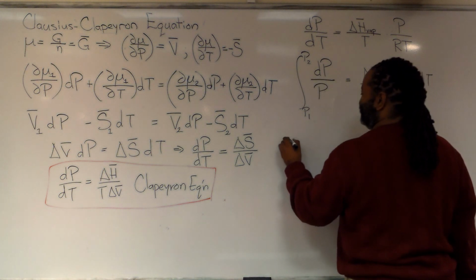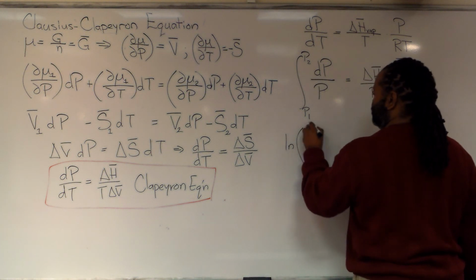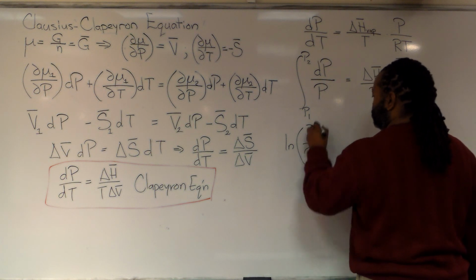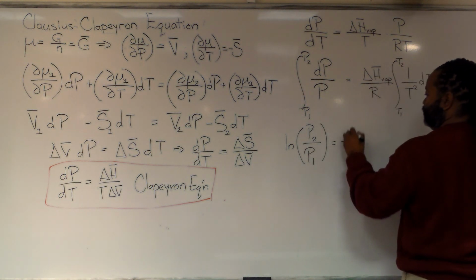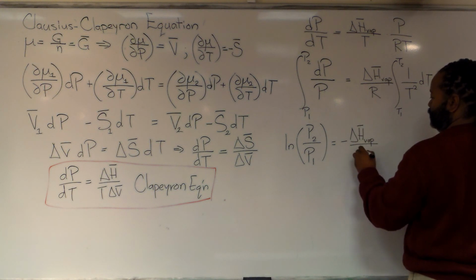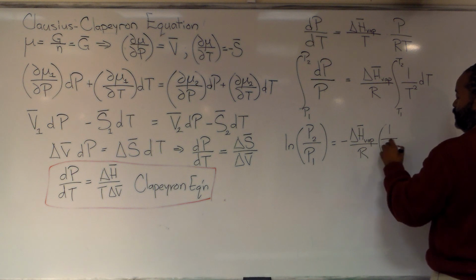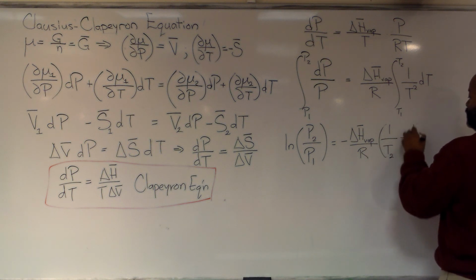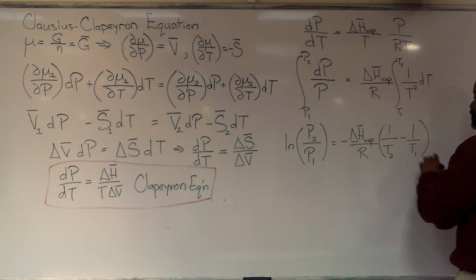So as a result, we get the natural log of P2 over P1 equals negative delta H molar vaporization over R, and we have 1 over T2 minus 1 over T1.